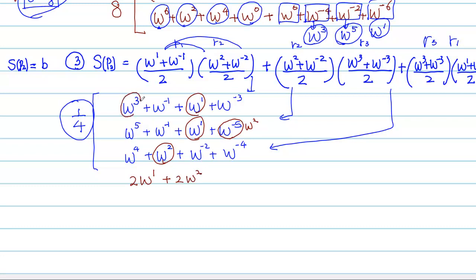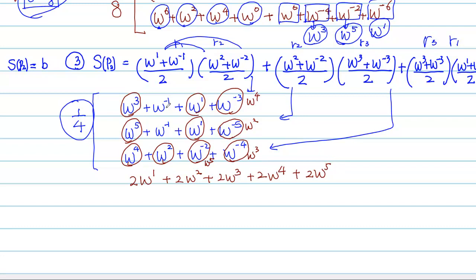This is W3 and also W3, the conjugate, so we have 2W3. This is W4 and also W4, because the conjugate of W3 equals W4, so we have another 2W4. This is W5 and also W5, so 2W5.